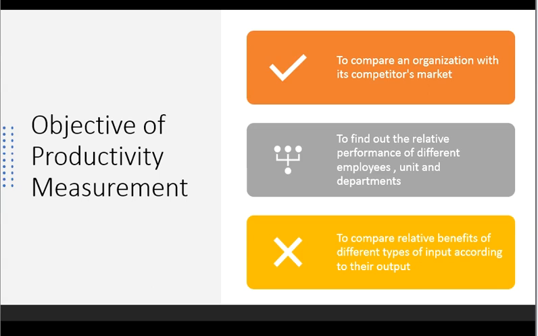How can you compare? By use of productivity. Productivity is nothing but output divided by input, so that ratio is very useful for comparison. But it is also a challenging task to measure everything, so we will discuss in coming lectures how to calculate and measure the productivity of a plant.